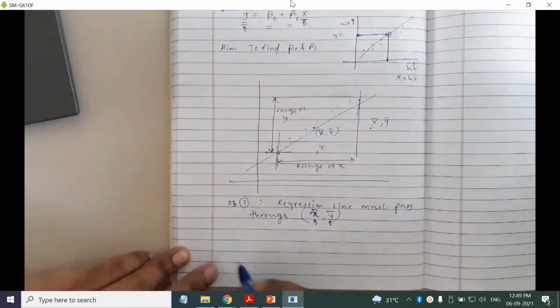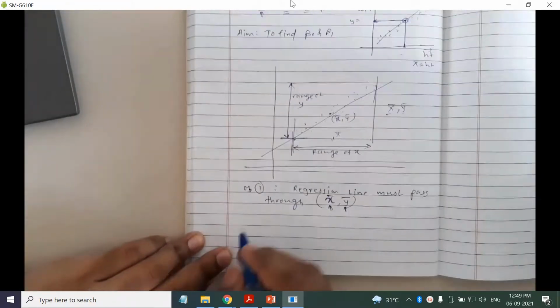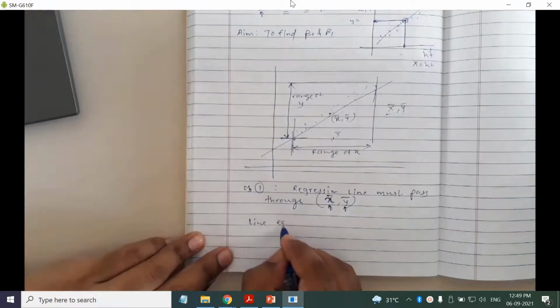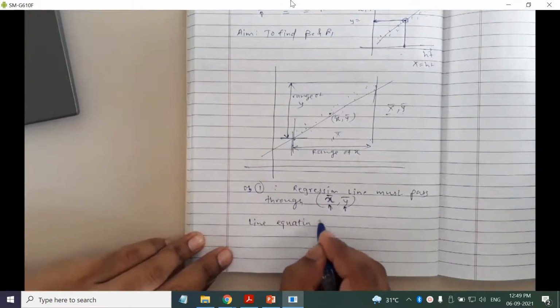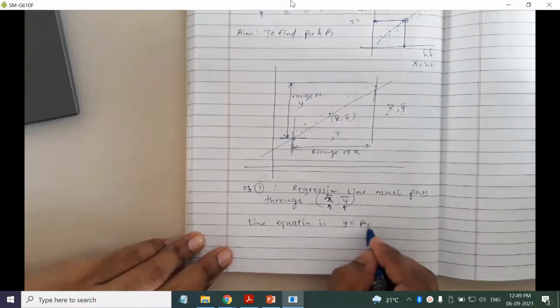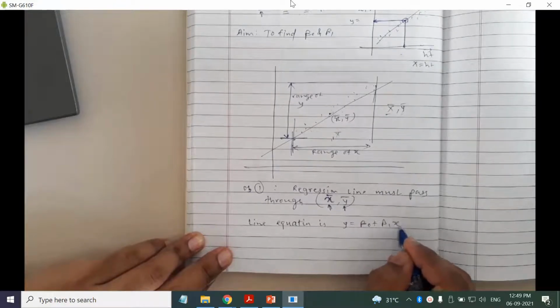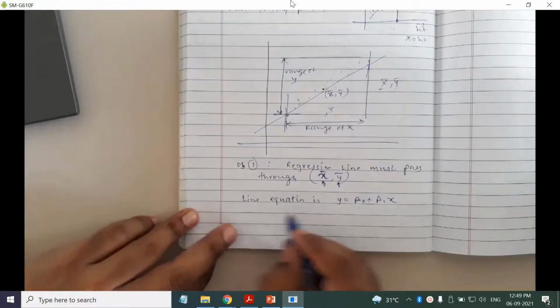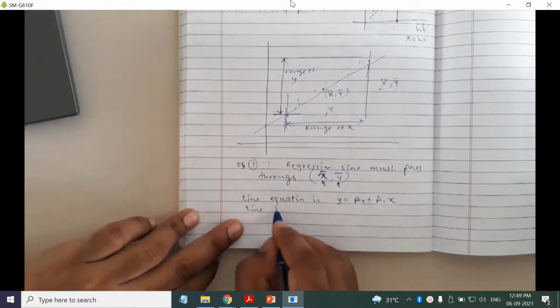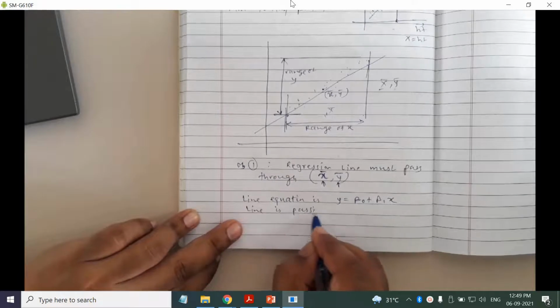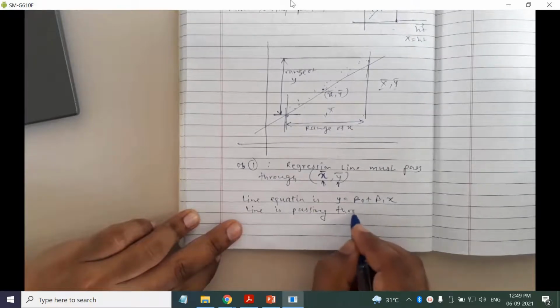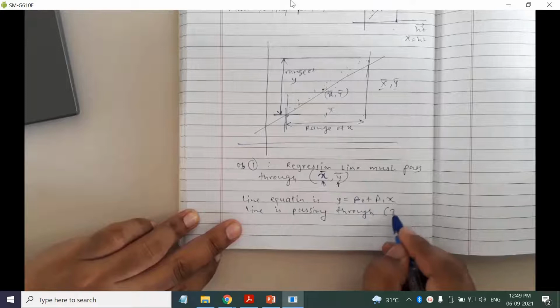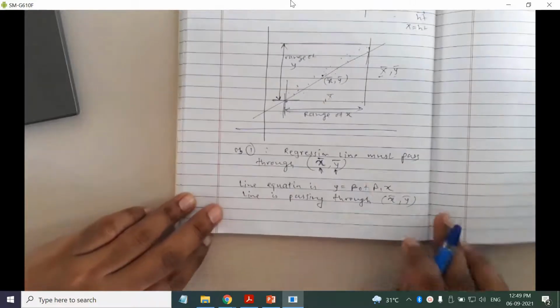Next thing, my line equation is y equals beta 0 plus beta 1 x. Now consider if we know the value of beta 1, and this line is passing through x bar and y bar according to our observation.